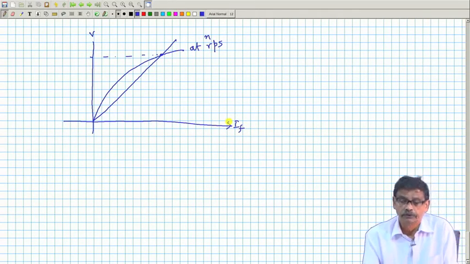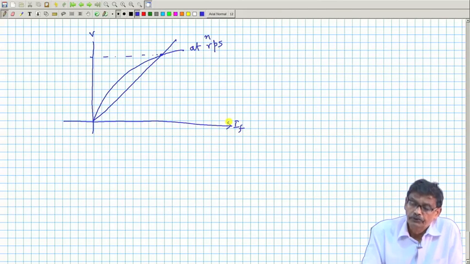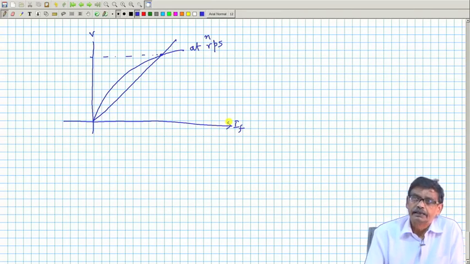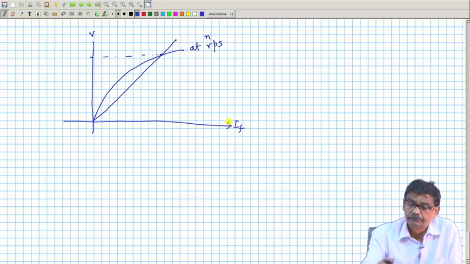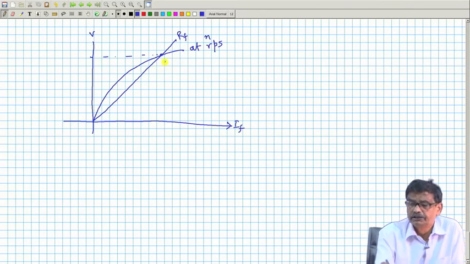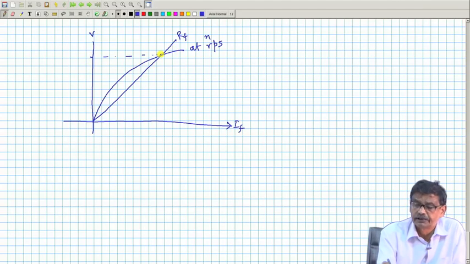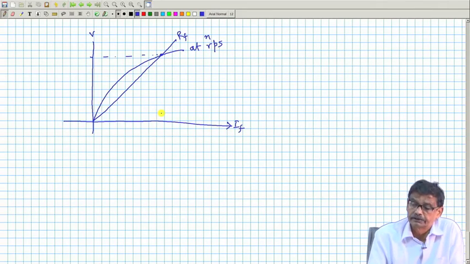That is quite good. Now, you start imagining that I keep the field resistance whatever it is, for which it generates rated voltage under open circuit condition.